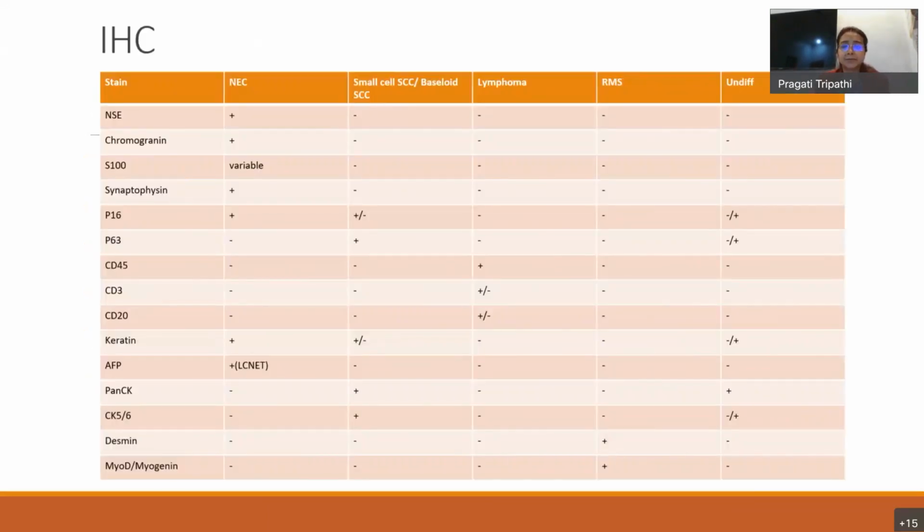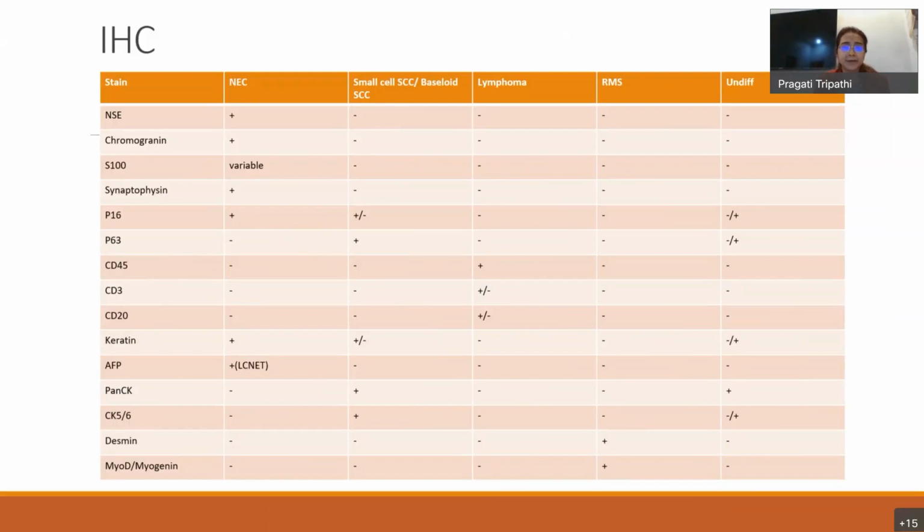So to get to the diagnosis, we use IHCs. In neuroendocrine carcinomas, the IHCs are neuron-specific enolase, chromogranin, synaptophysin, CD56, and others that we can get are P16 and keratin.